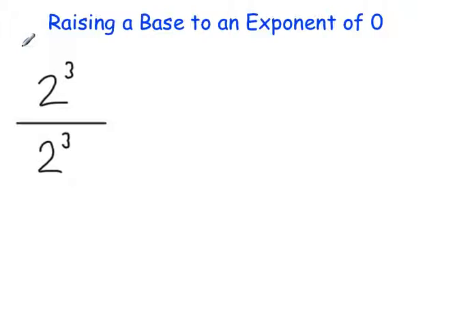We are going to apply that here and more. Now, 2 cubed divided by 2 cubed can be expanded to 2 times 2 times 2 in both the numerator and denominator.